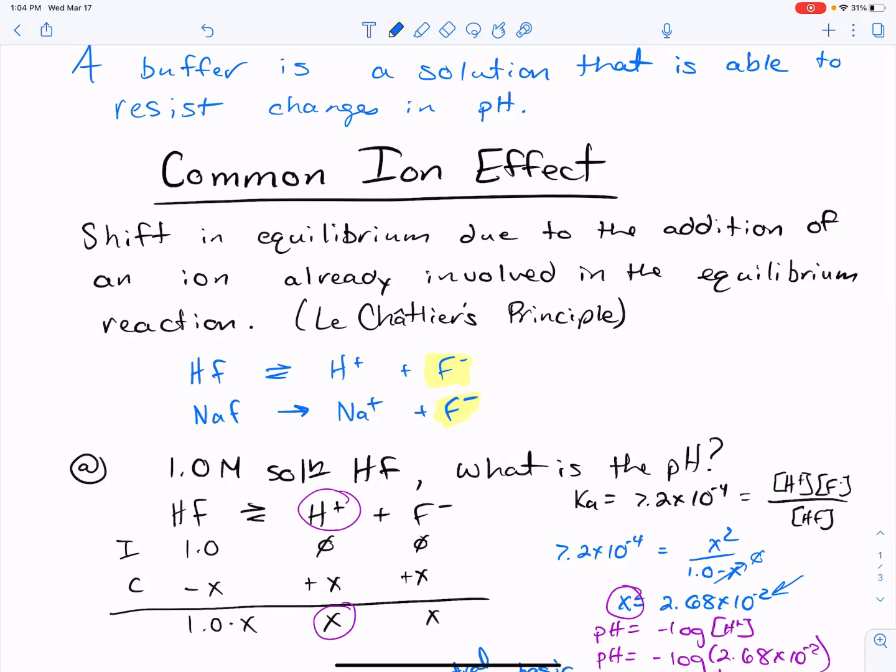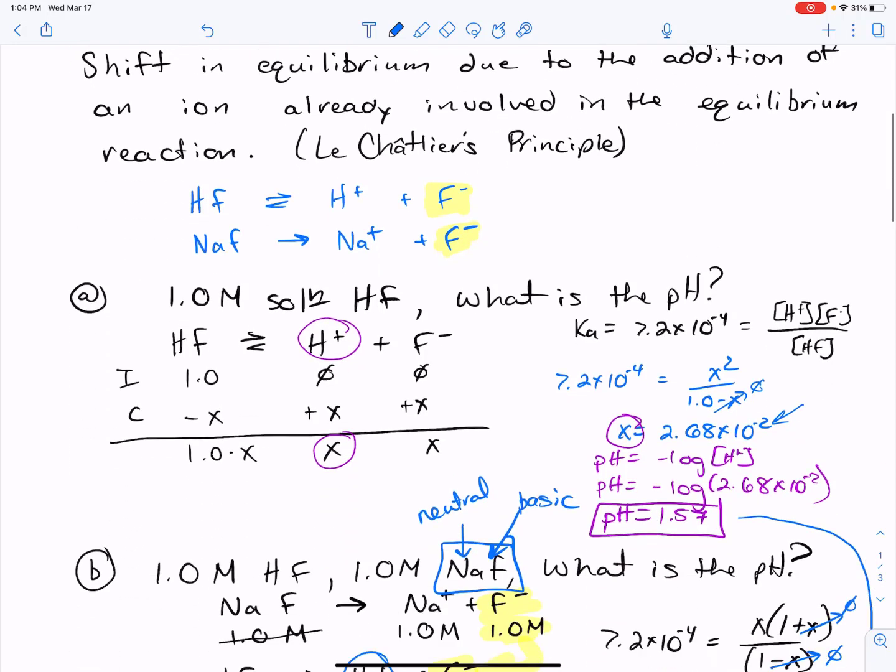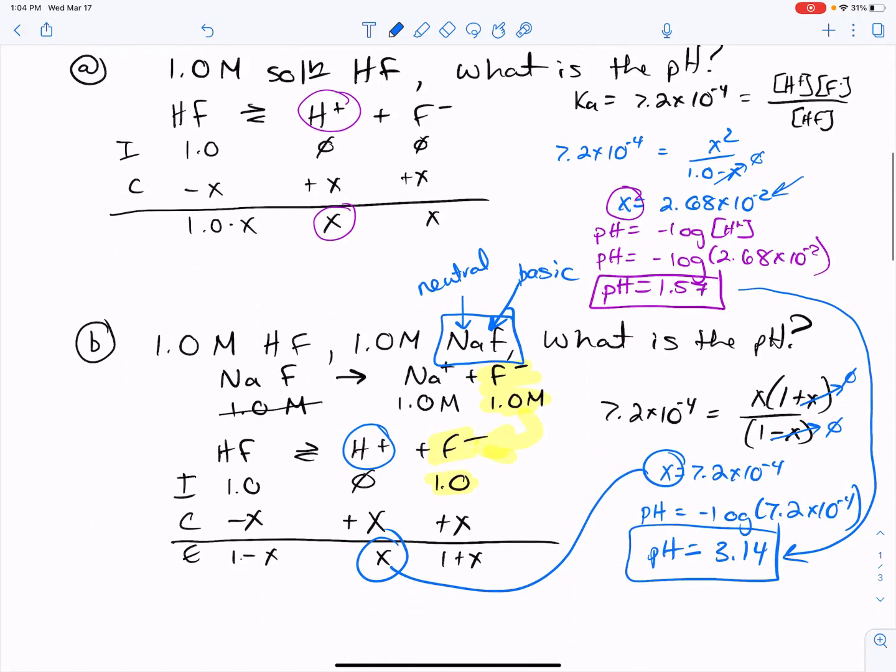The common ion effect. We expected a shift in equilibrium due to the addition of an ion already involved in the equilibrium expression. So wouldn't we expect that if we add in fluoride, we expect equilibrium to shift to the left compared to our part A?